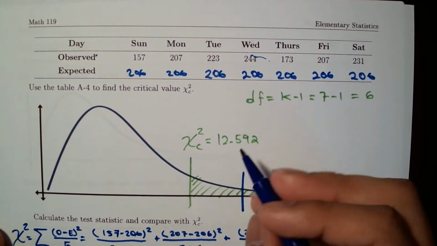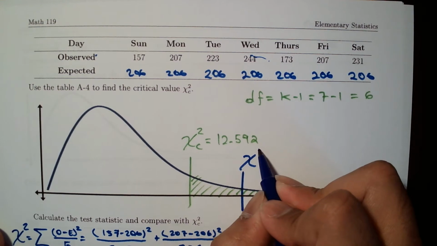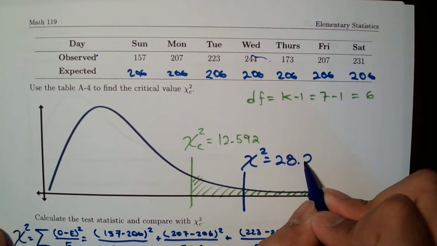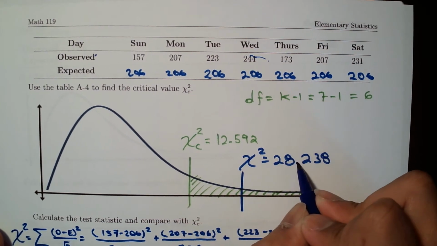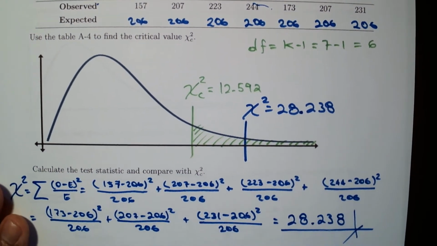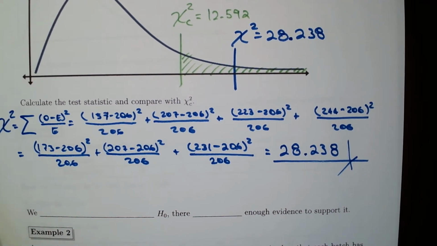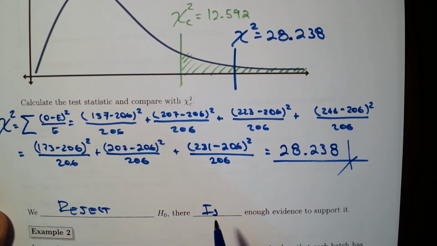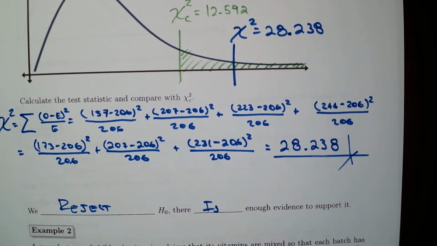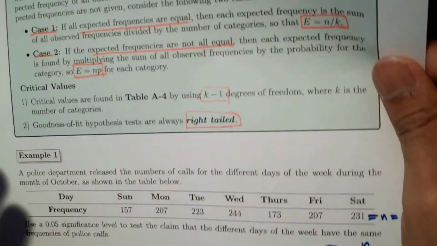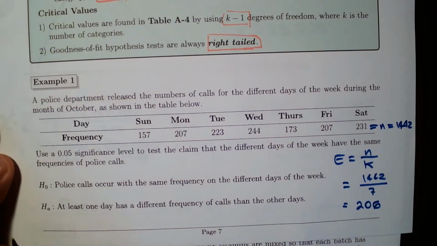So our statistic value fell in the shaded region. For this reason, we reject the null hypothesis because there is enough evidence to support it. So in other words, going back to the context of the problem, the null hypothesis loses.